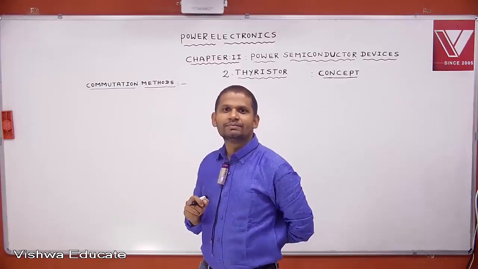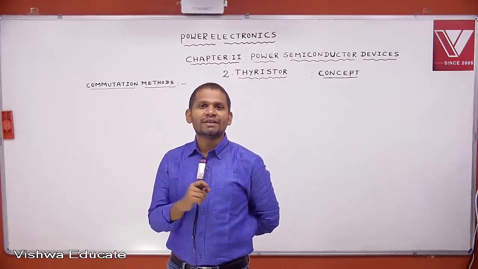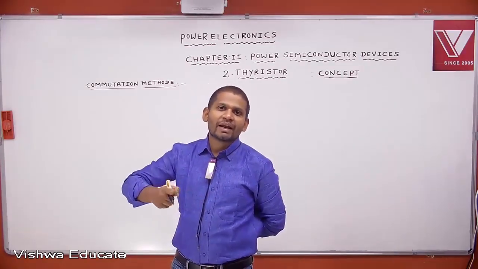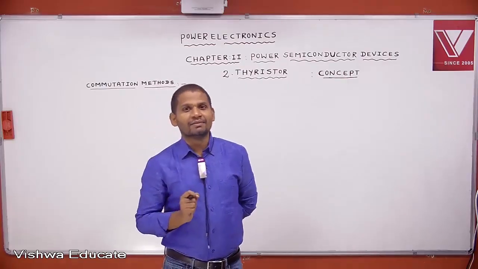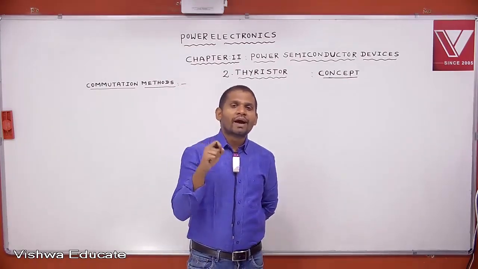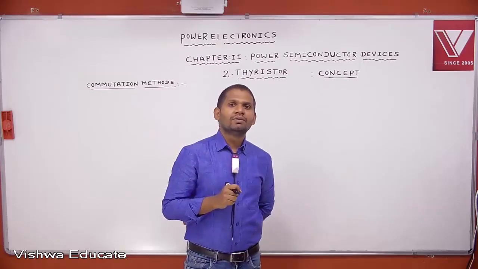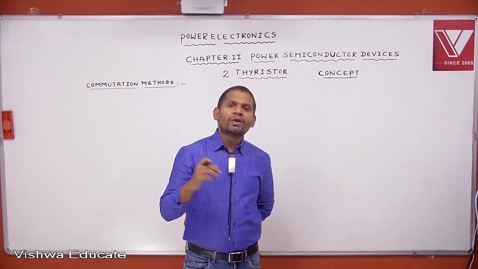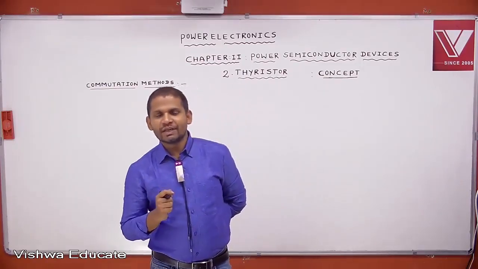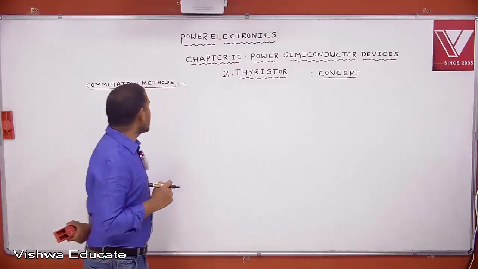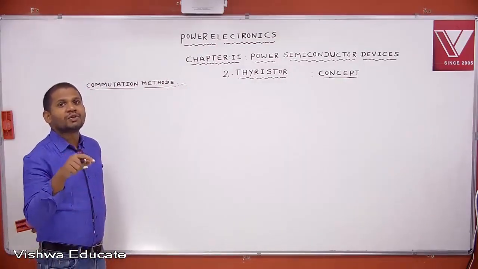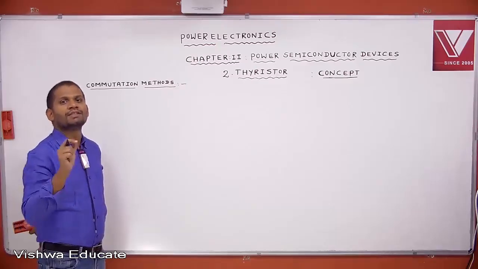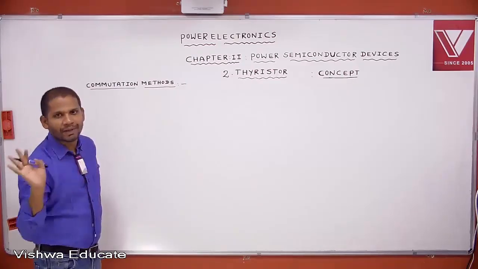I told you, if it is a thyristor, it can be turned on by gate signal, but it cannot be turned off by gate signal. Now to turn off that thyristor, we are using some commutation methods. That's why once I am explaining the commutation methods, the device in the circuit must be thyristor. Then only these methods are applicable.